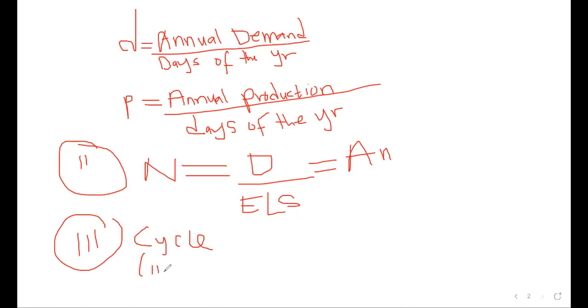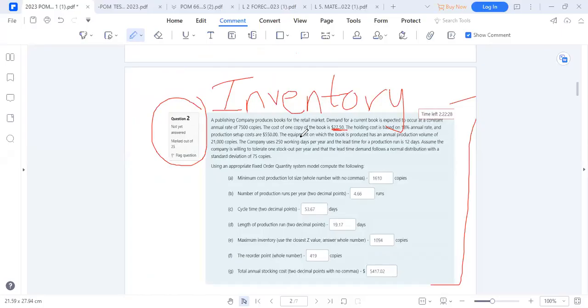Cycle time is equal to Q over D multiplied by the days of the year. Cycle time is the time between production runs. So this one is coming from the question that we're having.